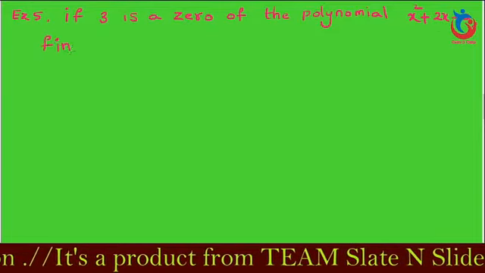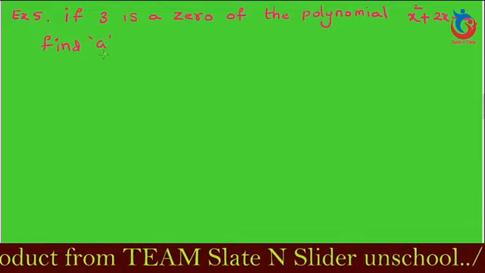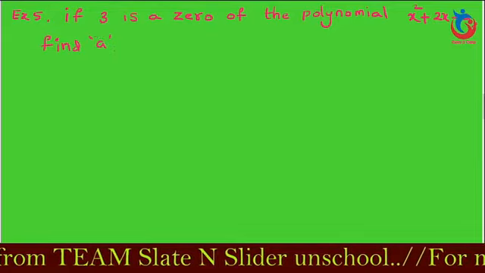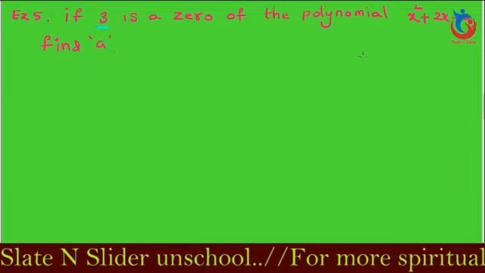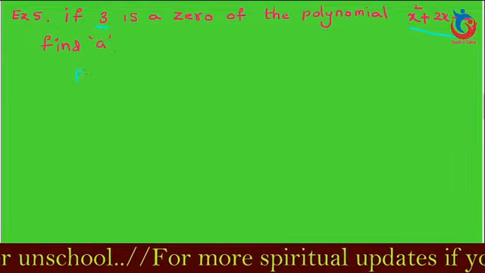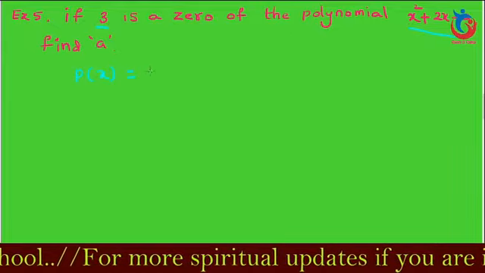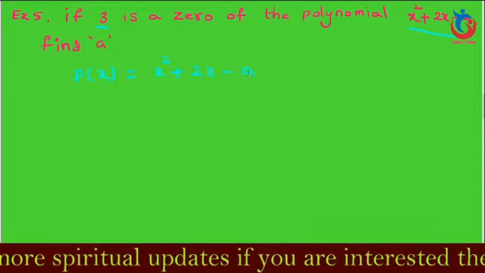For this question also, no need to find the zeros. Why? Because in the question itself, it is given that 3 is a zero of this polynomial. So we should suppose this as p of x. So p of x is equal to x square plus 2x minus a.